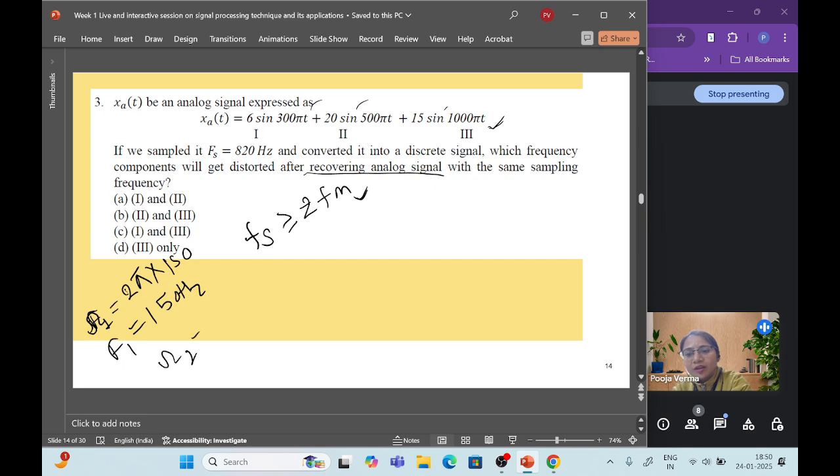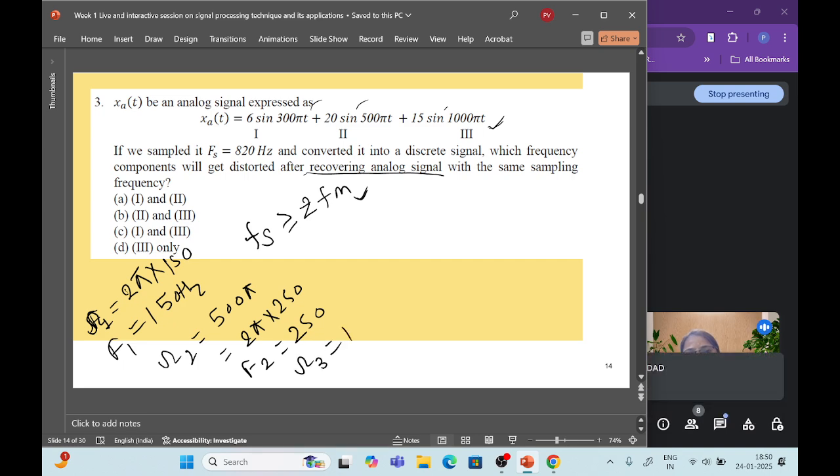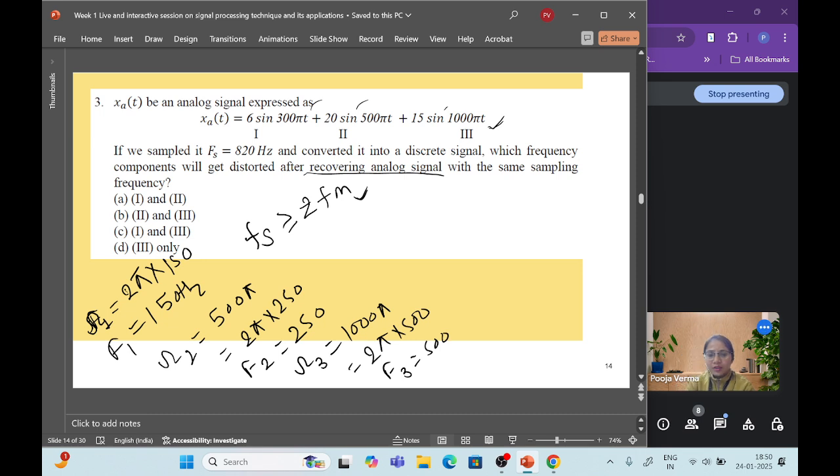Similarly, omega 2 is 500 pi, 2 pi into 250, so F2 is 250. Similarly, omega 3 is 1000 pi, 2 pi into 500, so F3 is 500, right?